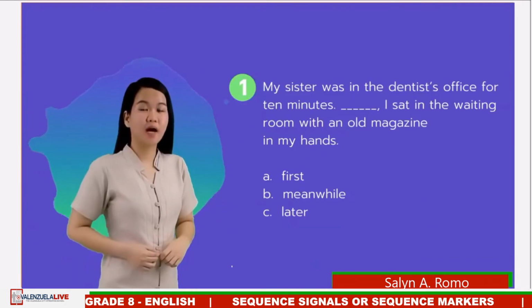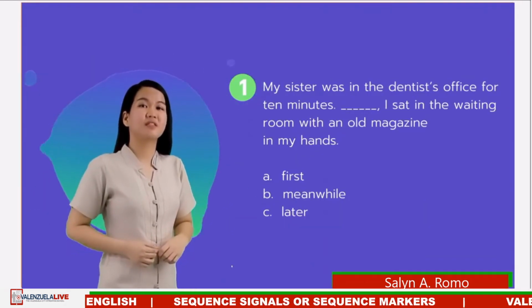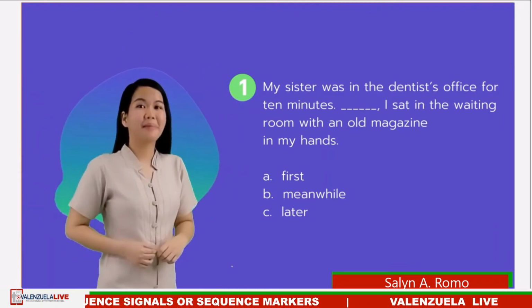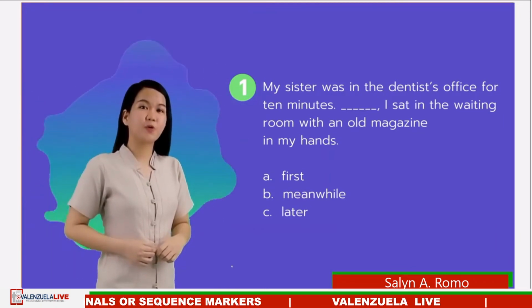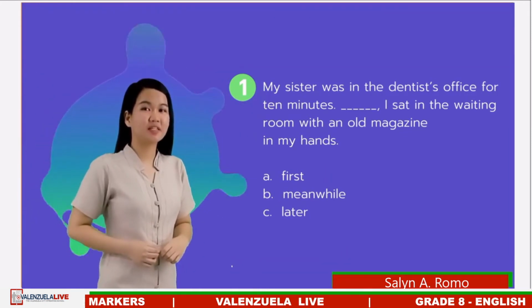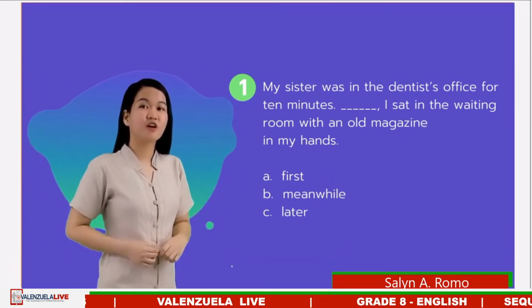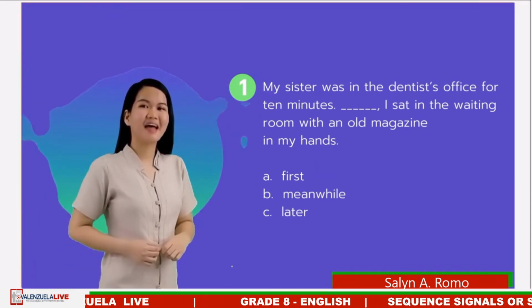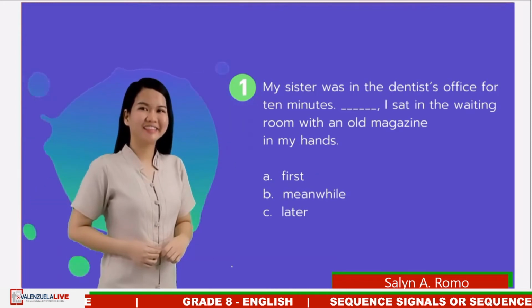For number 1, my sister was in the dentist's office for 10 minutes. Blank, I sat in the waiting room with an old magazine in my hands. The choices are A, first, B, meanwhile, and C, later.